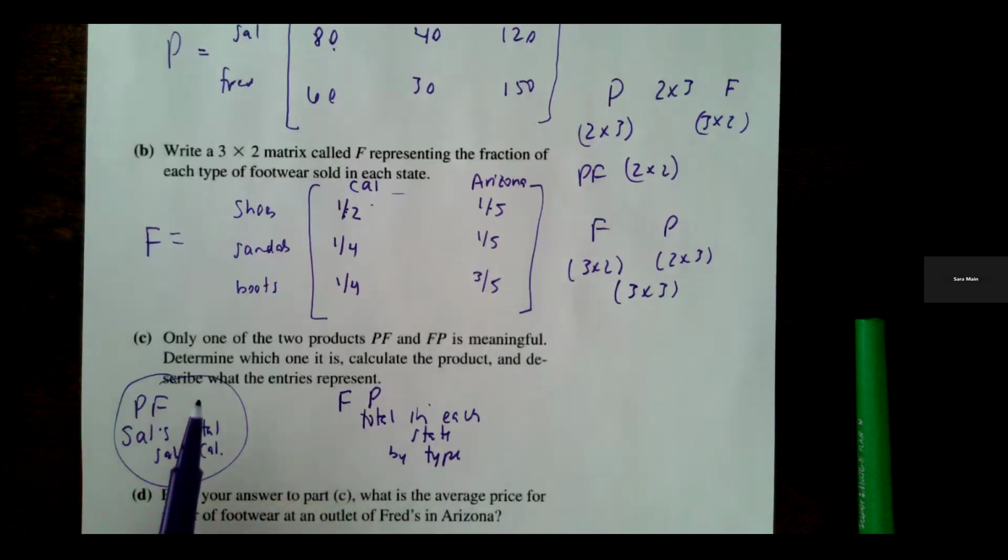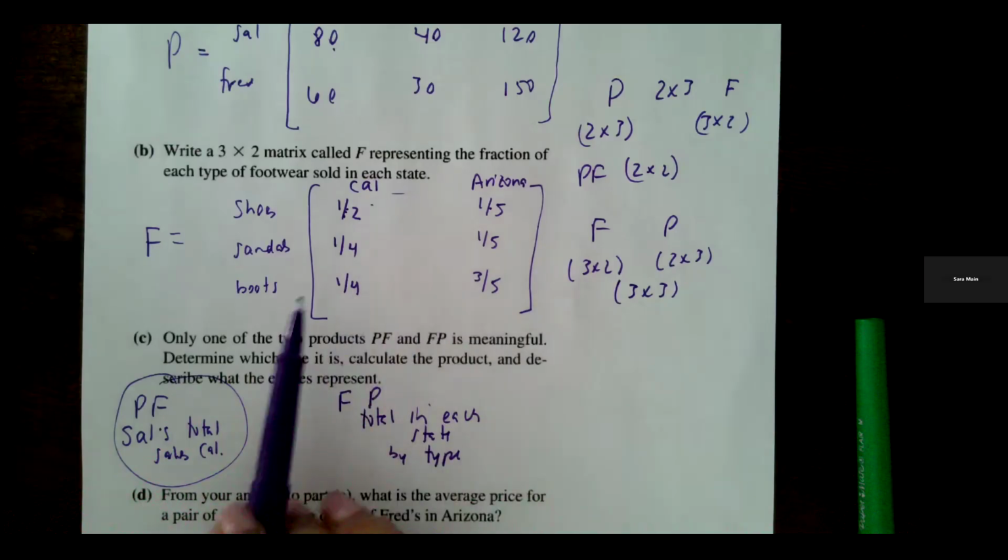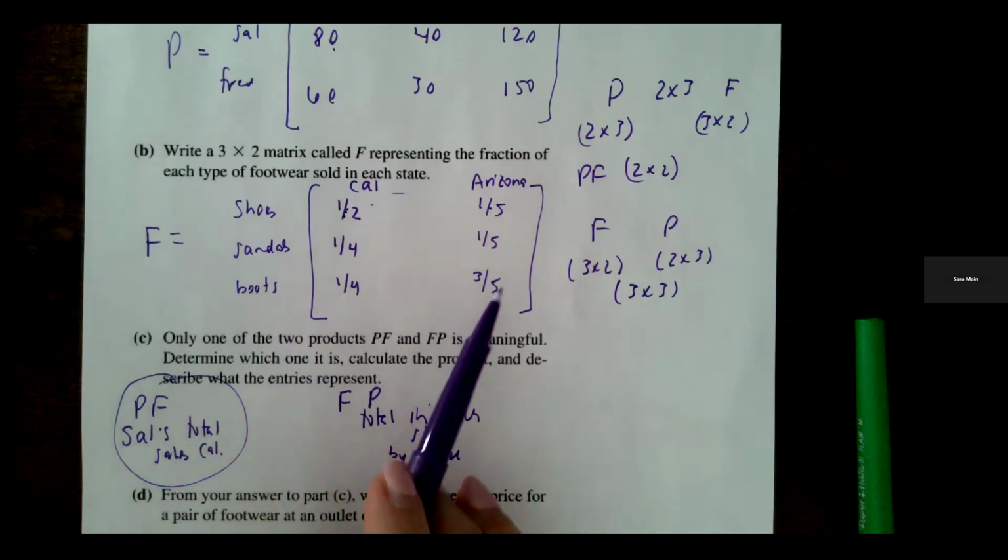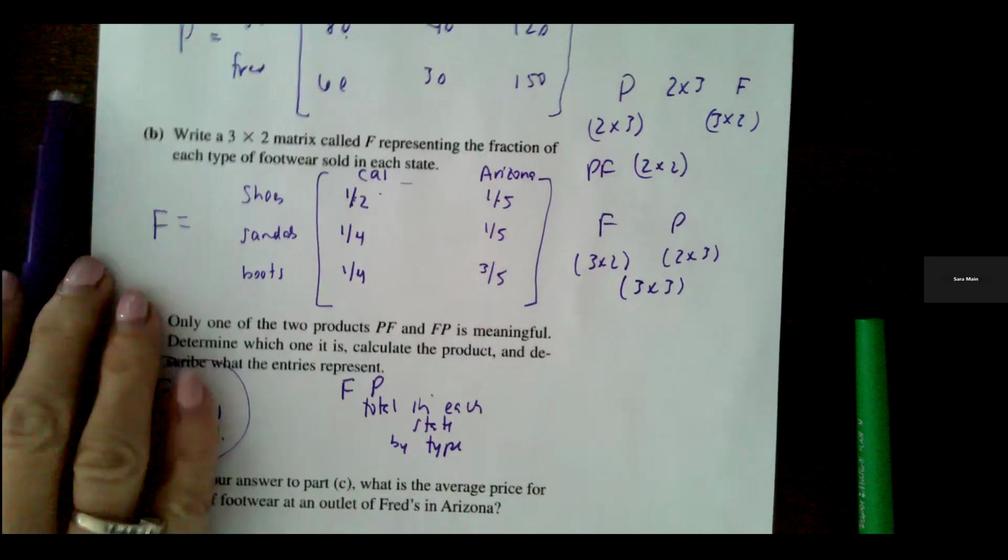So Sal's total sales in California, and then total sales in Arizona, then Fred's total sales in California and Fred's total sales in Arizona.